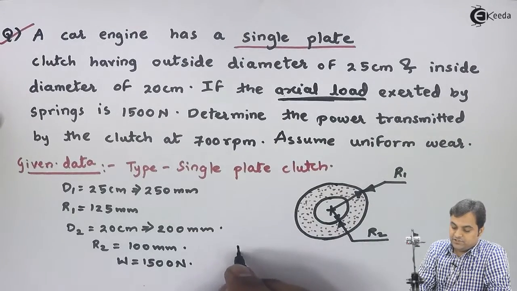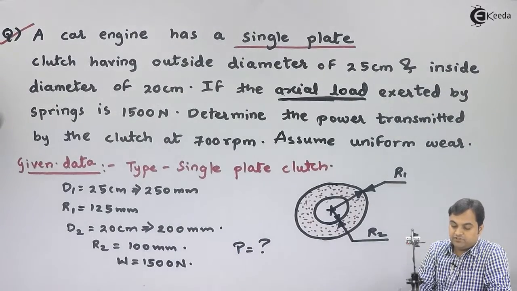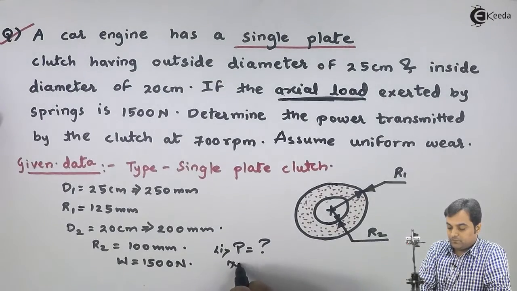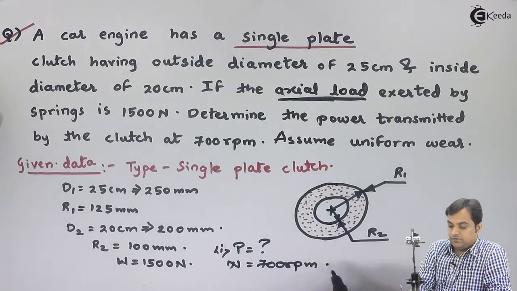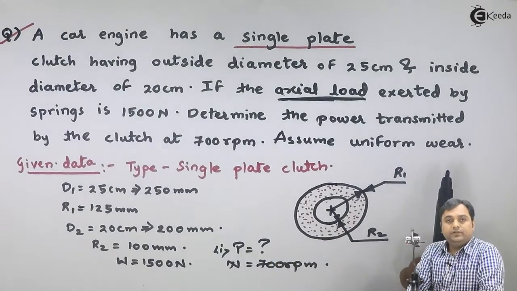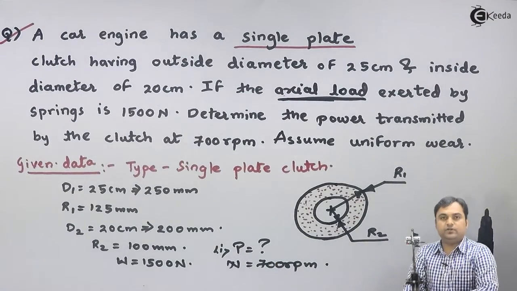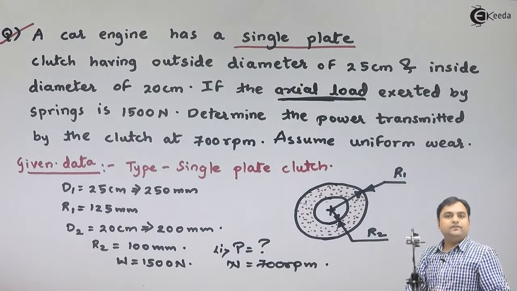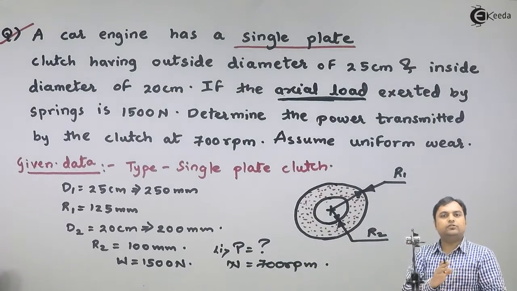The question is, we have to find how much power is to be transmitted, and speed is given as 700 rpm. Next, they are saying that assume uniform wear. The theory which we have to assume here is of uniform wear because it is mentioned. Otherwise, if they had mentioned nothing, then also we would have used uniform wear theory.